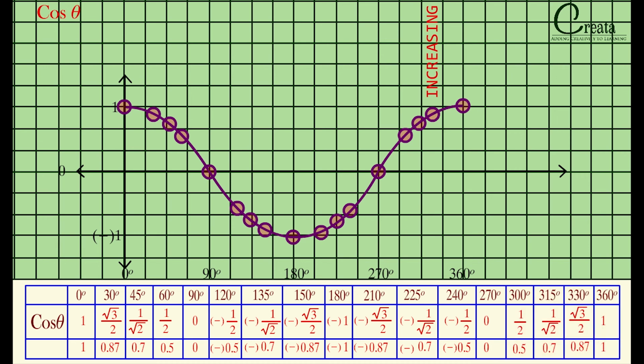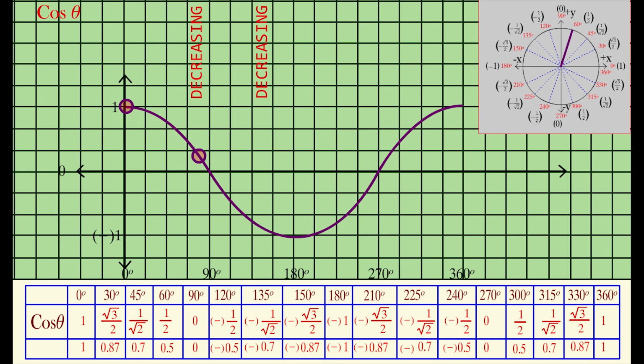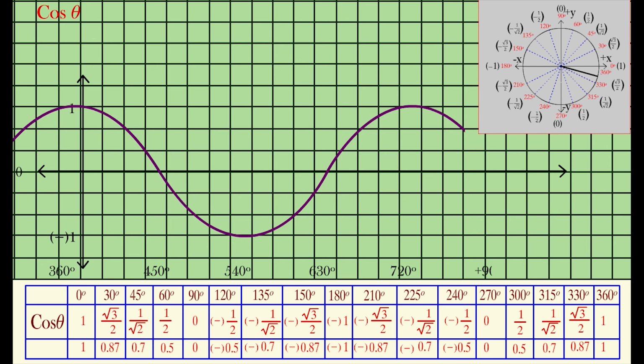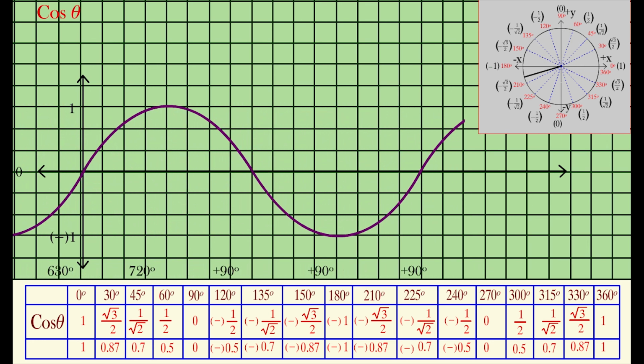Okay, in the first two quadrant, cos is decreasing, and in the last two quadrant, that is third and fourth, cos is increasing. Okay, so this is our complete cos graph from 0 to 360 degree. Similar to sine graph, the cos graph is also not limited to 360 degree. It also repeats itself after 360 degree angle and moves till infinity.